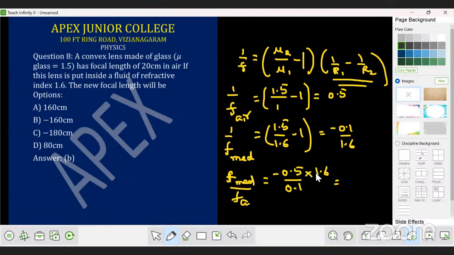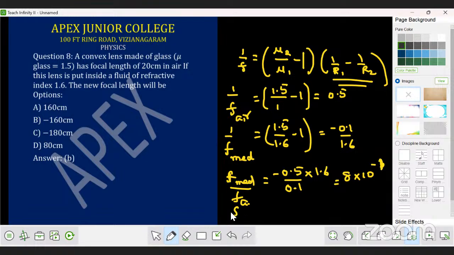This is 8 into 10 power minus 2. And finally by 0.1 is there, no? This is 8 into 10 power minus 2, by 0.1. That will be 8 into 10 power minus 1 it will be.